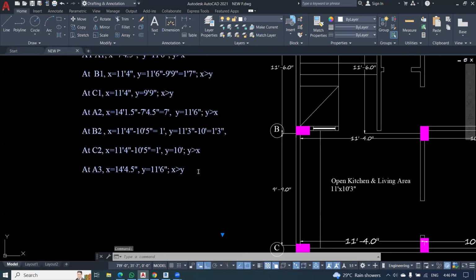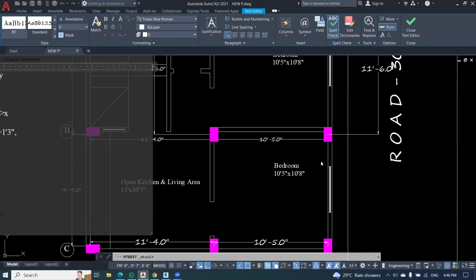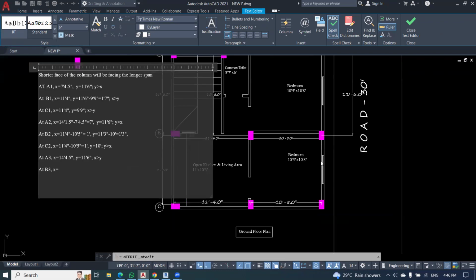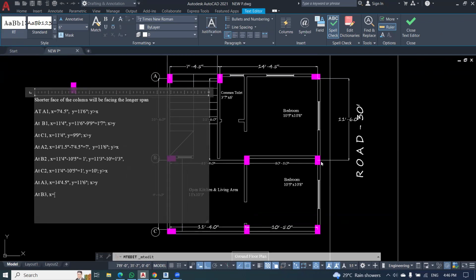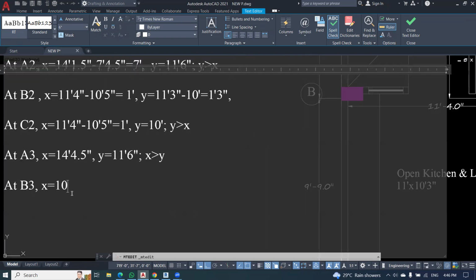At B3, how much is the x distance? 10 feet. X distance is 11 feet 6 inches minus how much it is? 10 feet. Sorry, I forgot. X distance is 10 feet 5 inches. Make it as 10 feet 5 inches. 10 feet 5 inches कर दीजिए. Now done.